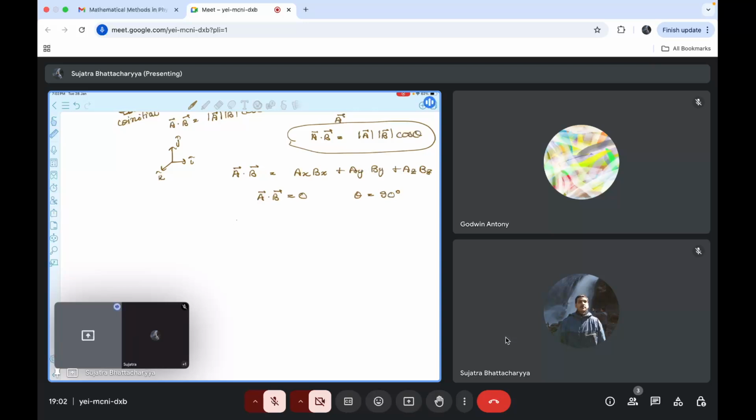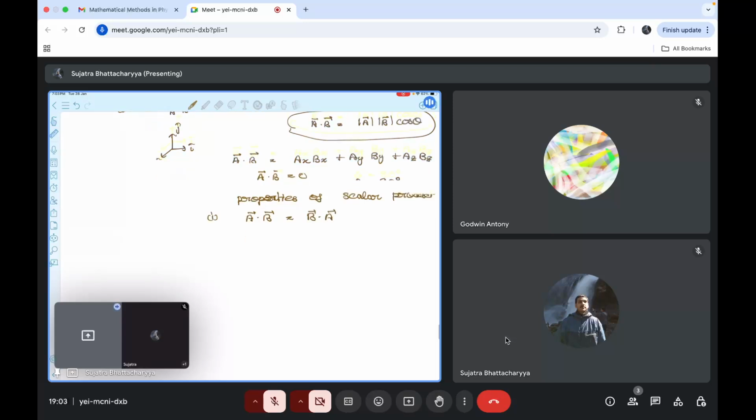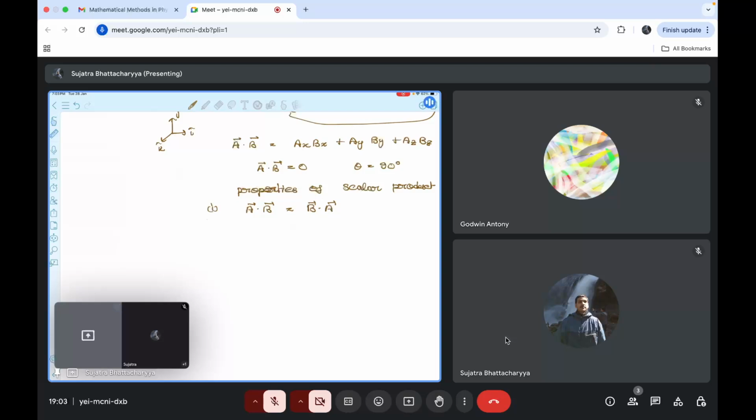Now, some properties of scalar product. For a legitimate scalar product, it must follow certain properties. One is that, of course, A dot B, that is commutative, is equal to B dot A. This is important because one of the questions I have seen in the assignment is based on this.